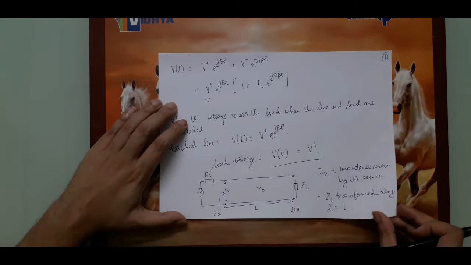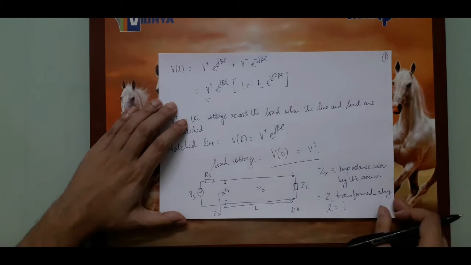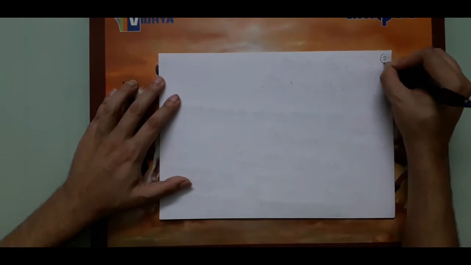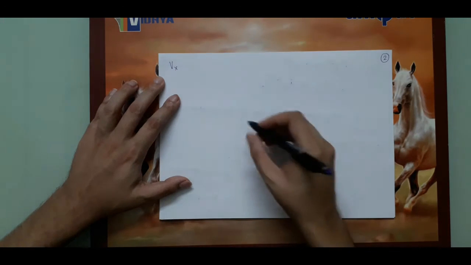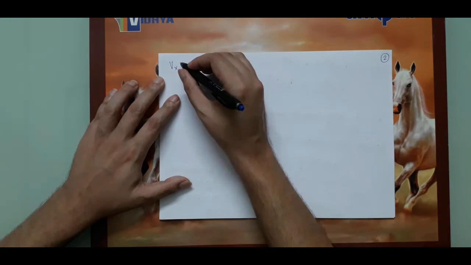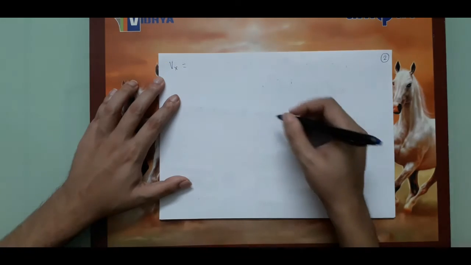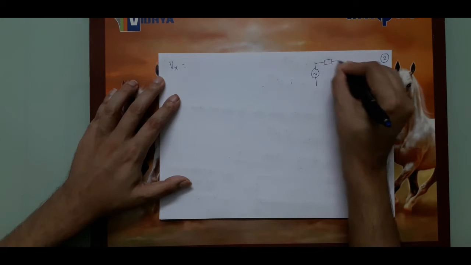If this is the source voltage Vs, then applying circuit theory, I can say that Vx, that is the voltage seen across the impedance that is seen by the load, is nothing but a consequence of potential division.